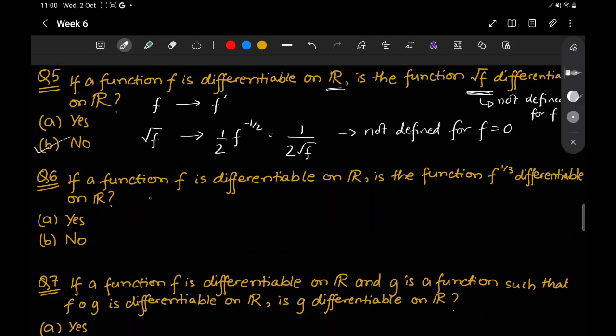However, if we look at the derivative, so f, the derivative is f prime, cube root of f, the derivative will be 1 by 3 f to the power 1 by 3 minus 1. So this is 1 over 3 f to the power minus 2 by 3.